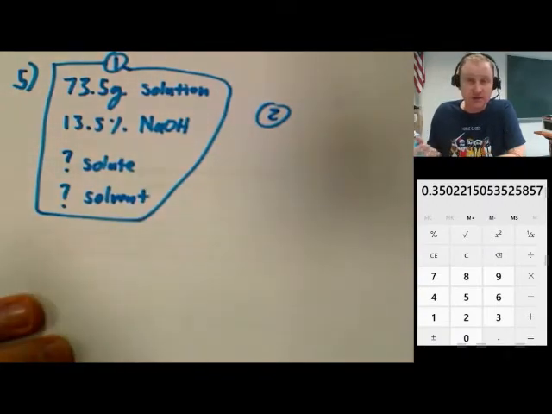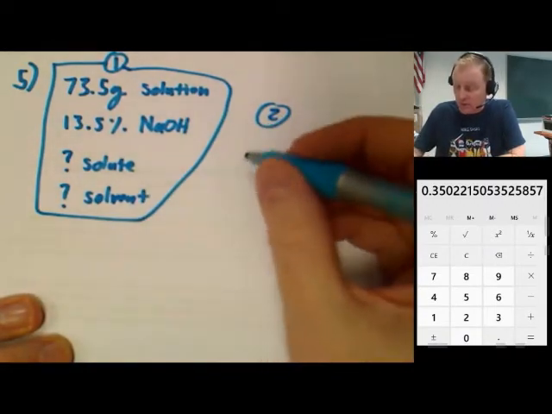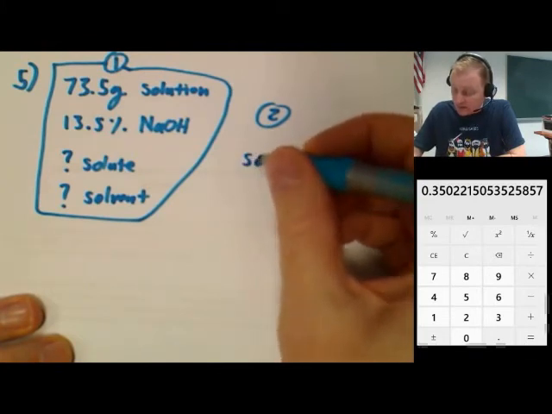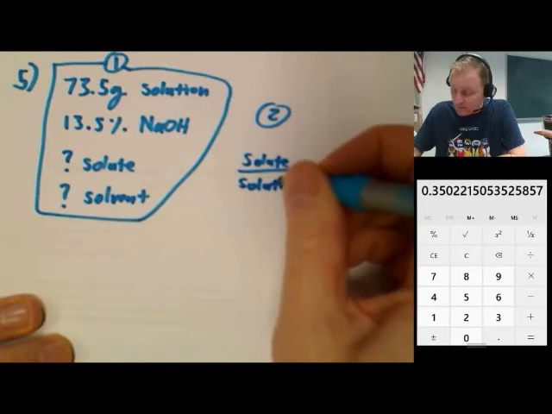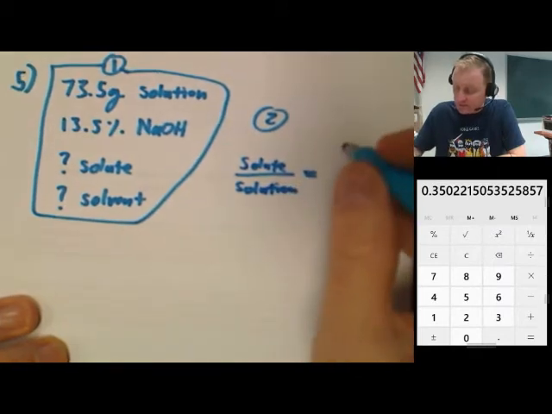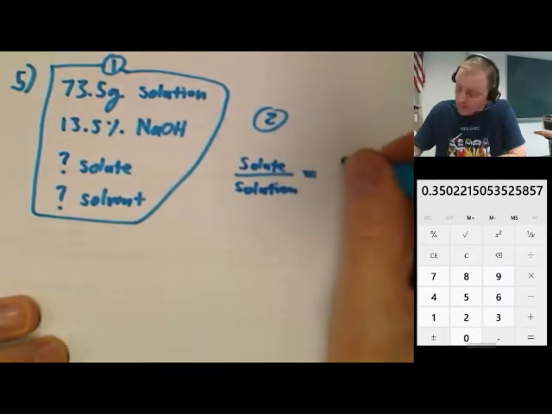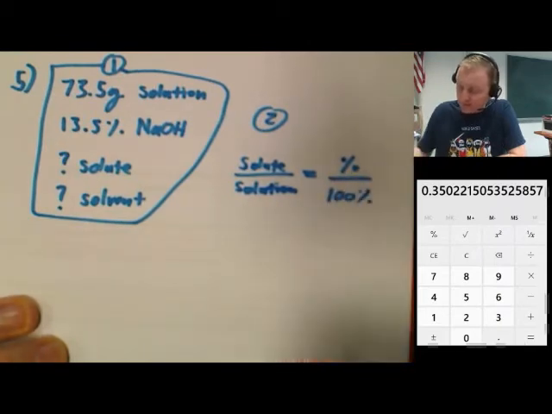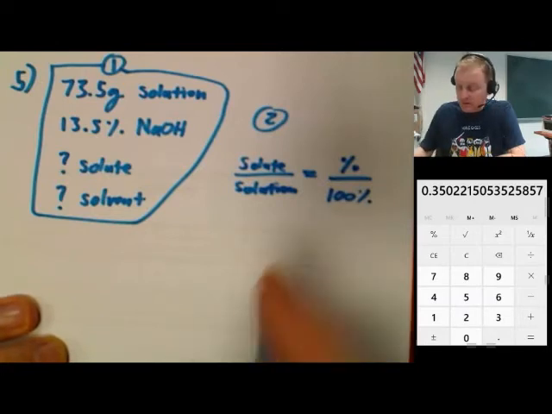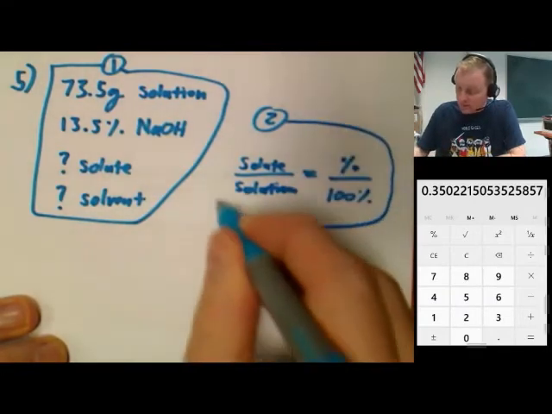What do you know from science, math, whatever it is? What tools do you know? Well, we know that it is solute over solution equals your percentage of composition over 100%. So that was what we talked about when this all started.